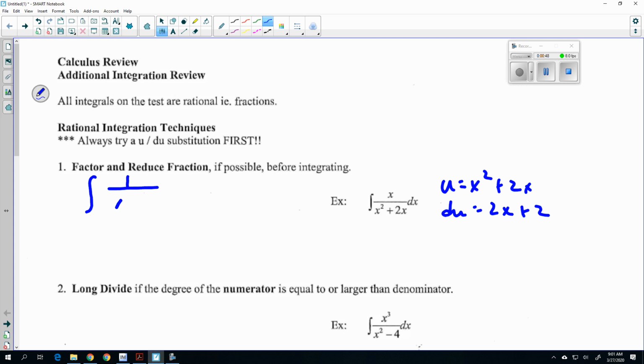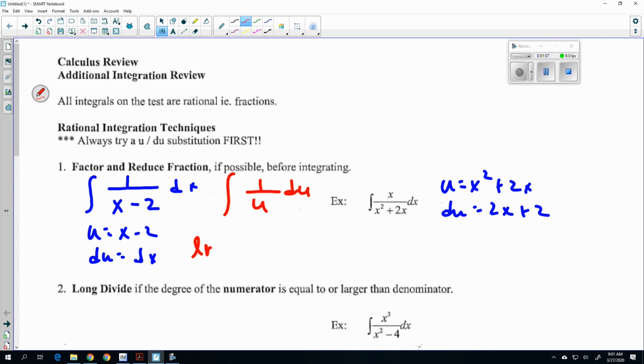And remember, that has to happen to each and every term. Now if I pick my u, it looks like I have a direct match. So I'm going to turn this into my u substitution, 1 over u du, which has the form natural log of the absolute value of u plus c.